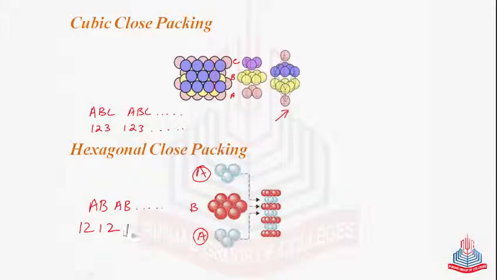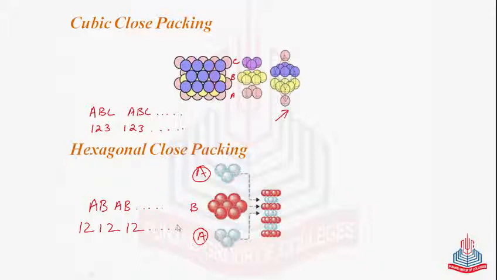As we can see, in this type of packing, the third layer atoms are arranged in such a way that they occupy the depressions created by the second layer, that is the A-type surfaces. Then these atoms will directly lie above the atoms of the first layer.